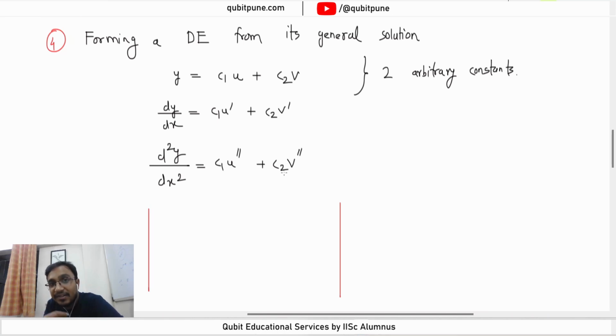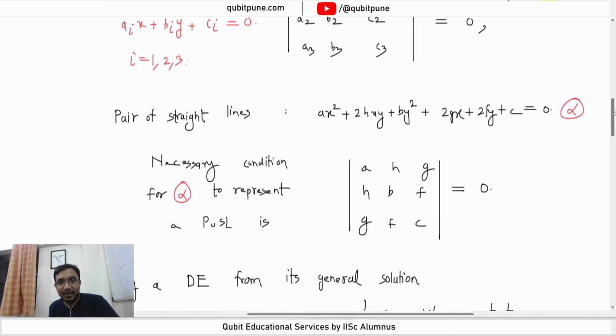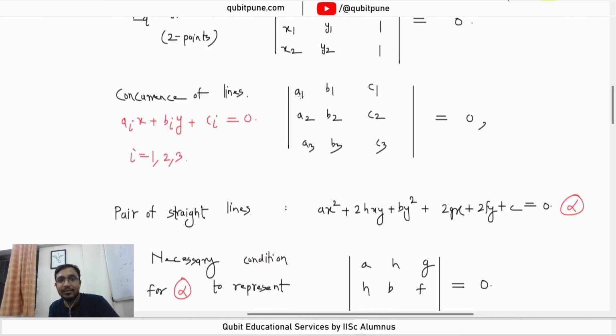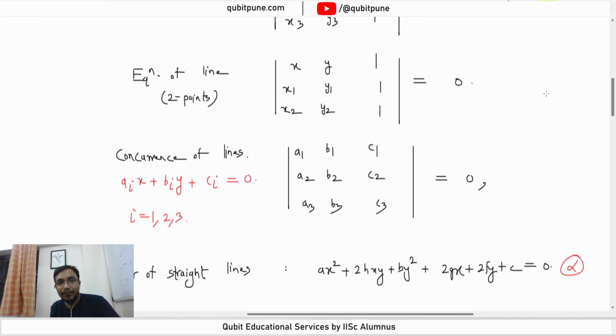That means the third equation is redundant. And what do I mean by redundant equation? It can be very easily obtained from the other equations, right? Which means it is as good as this geometry problem now. Concurrence of lines, same point of intersection of all the three lines.